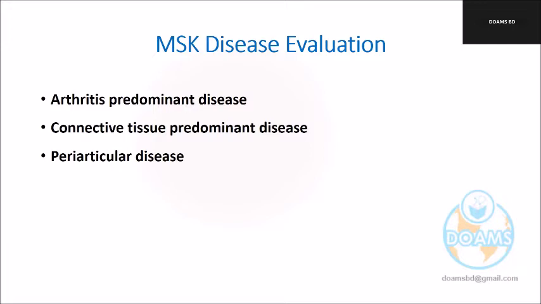But in diseases like SLE and systemic sclerosis, the patient would have joint symptoms, but in these connective tissue predominant diseases, problems other than the joint are more: there may be skin problems, connective tissue problems, other collagen tissues, including extra-articular manifestations. So there are two headlines. The third headline will be periarticular diseases, just around the joints. Then it will be very easy for us to identify the diagnosis.